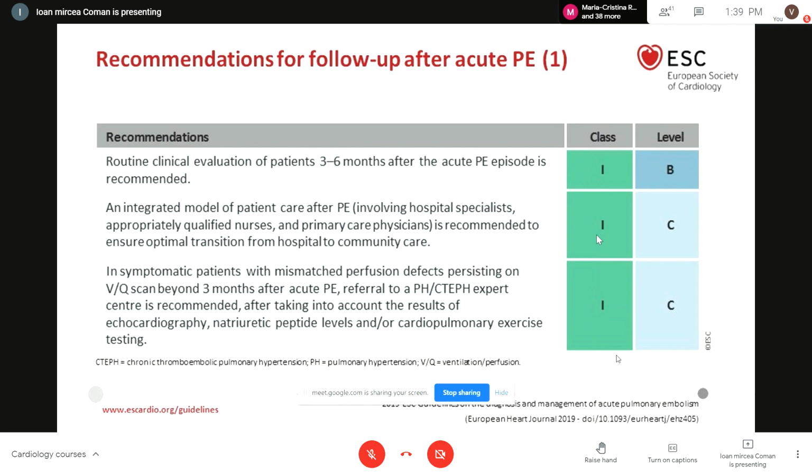So unfortunately, if somebody comes with high suspicion of pulmonary embolism during the night, we shall treat him not according to the guidelines.